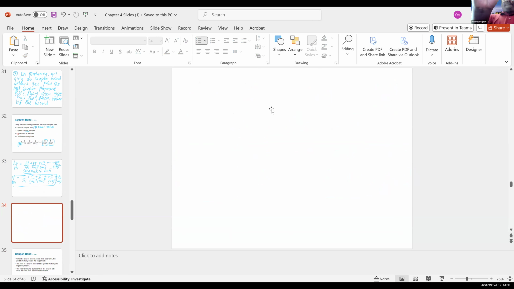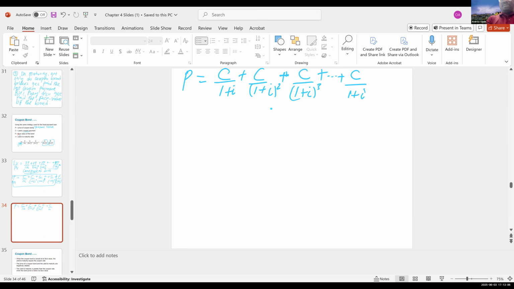So we can say, if we have C, the present value or the price of a coupon bond equals C over 1 plus I, plus C over 1 plus I squared, plus C over 1 plus I to the power 3, and so on up to C over 1 plus I to the power n, then plus the face value over 1 plus I to the power n. We can rewrite this formula.